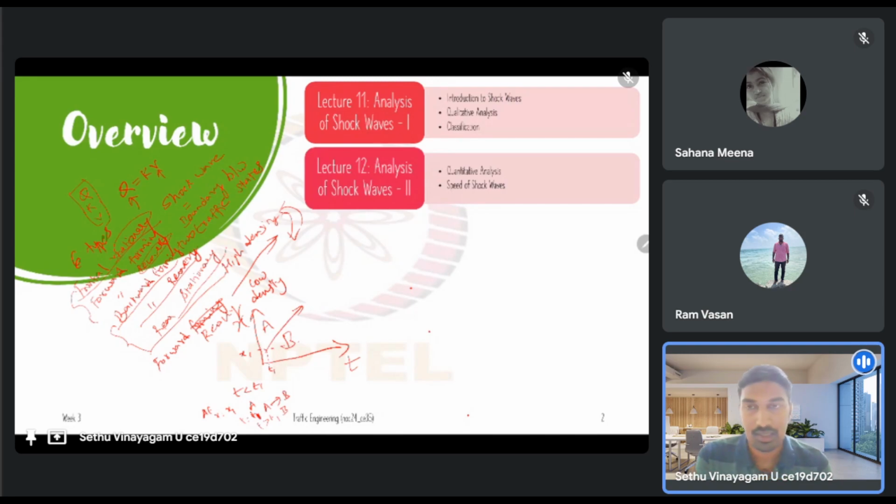Which means the traffic state changes at a particular location with respect to time, and also at a given point of time, there is a variation in the traffic state along the space, right?